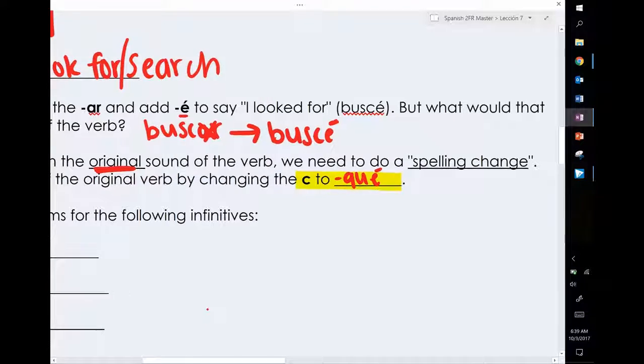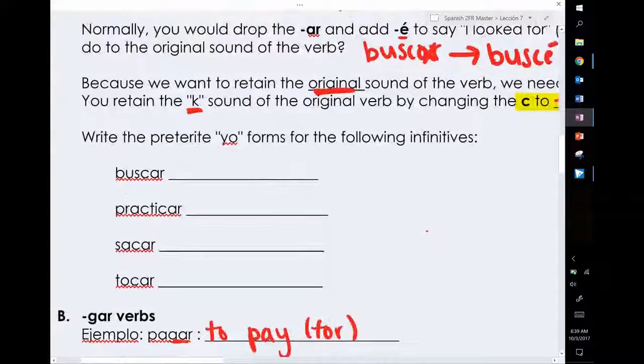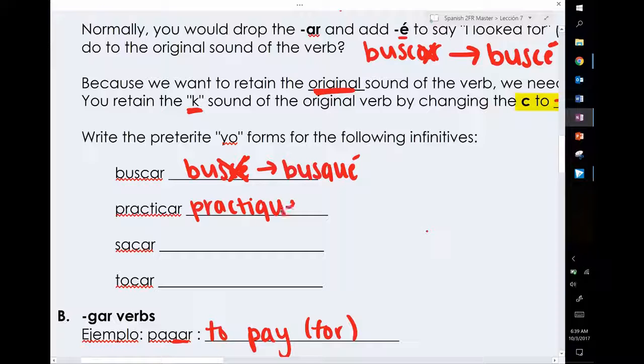So what would happen in the preterite yo form for buscar, instead of it being buscé, nope, this is wrong, it's going to be busqué. Notice how that keeps the k sound of our verb. Practicar would become practiqué. Sacar becomes saqué. Tocar becomes toqué.